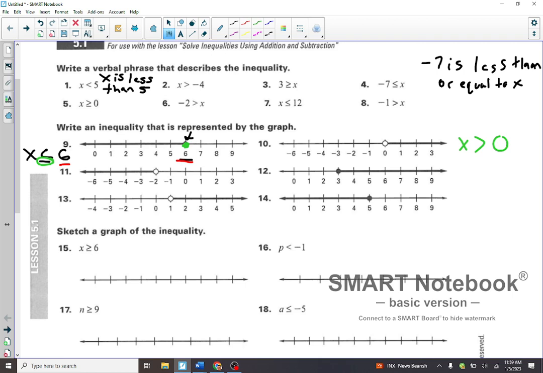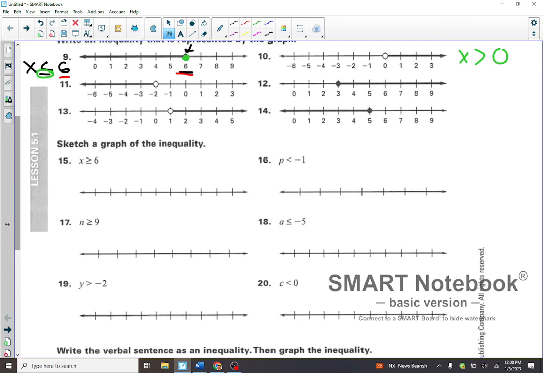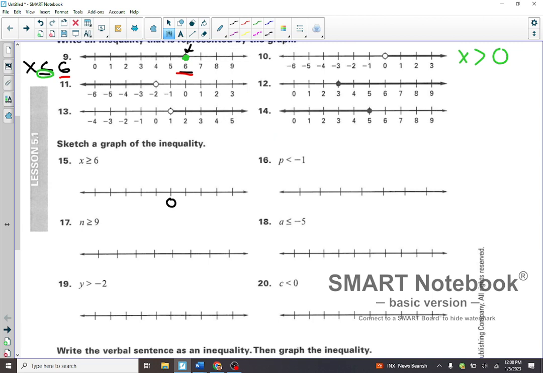So I will ask you those kind of questions, be able to translate, okay? Over here, number 15, be able to sketch a graph. How I eventually decide to do it, I would like you to put 0 in the middle, and then negative the number you have, and the positive the number you have. So -6, 0, 6. If you just do 6 and you put something smaller, like 5, and something bigger, like 7, I don't mind, as long as the numbers make sense.